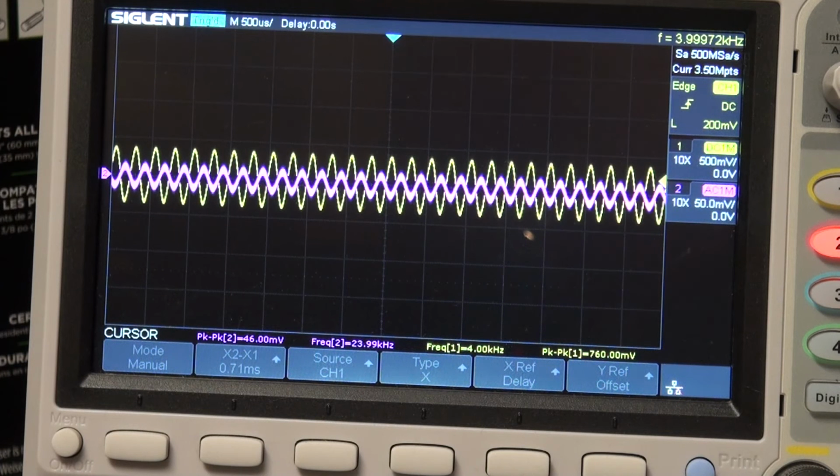Close enough to what we're measuring and sort of expect to measure at very low level of signals. Okay, so let's go and increase the input signal level, let's go up to 200 millivolts.